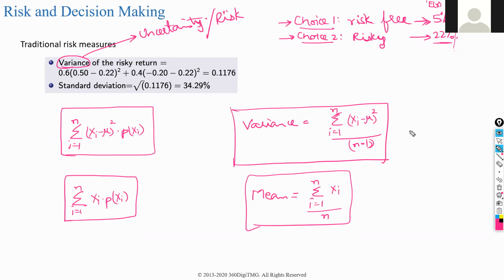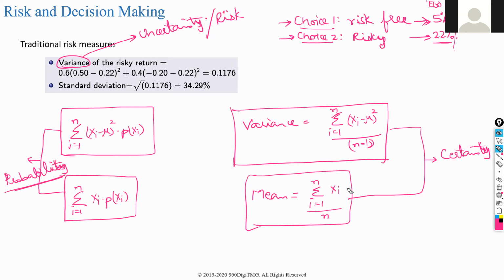You use these two formulae when there is certainty, when there is no chance. You use these two when there is no certainty, when there is some probability involved in the values. When the values are very certain and nothing to do with probability, you go with this formula.